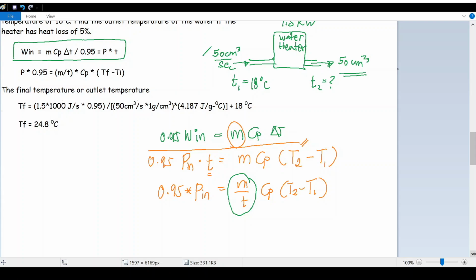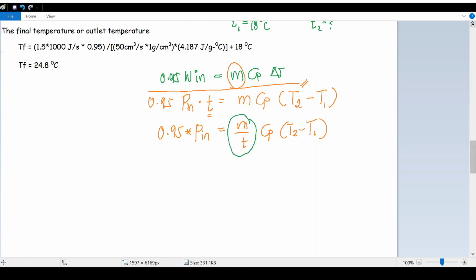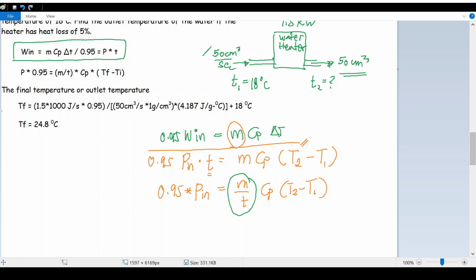So we need to determine the mass flow rate that enters into the heater through the volume of 50 cubic centimeter per second.